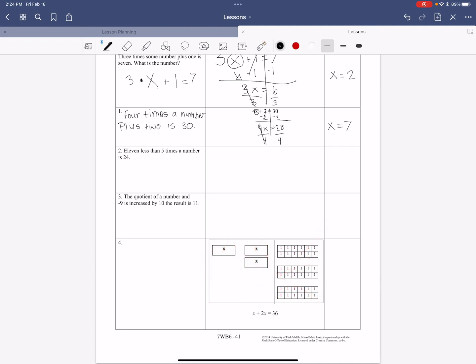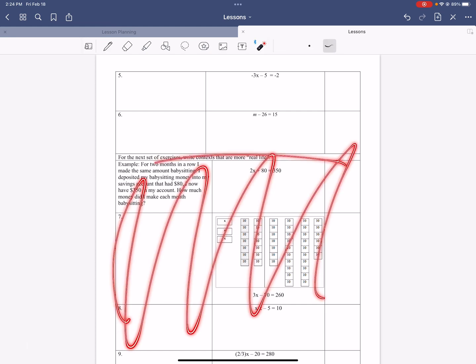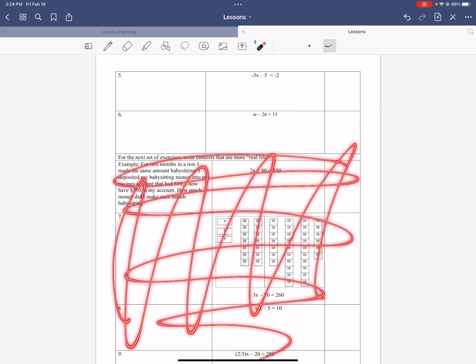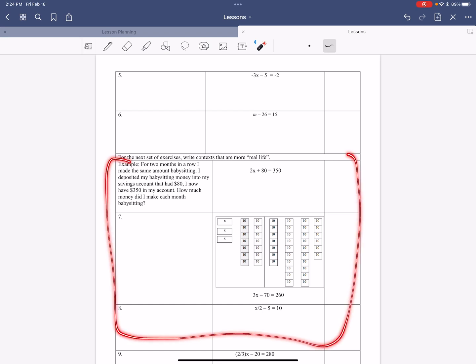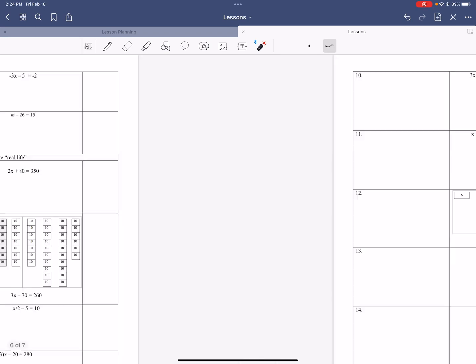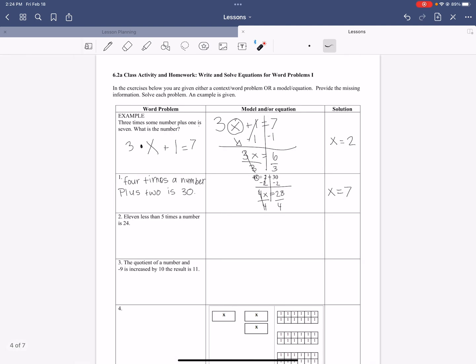So do 2, 3, 4, and then it goes on to 5 and 6, and we are not going to do those yet, unless you feel like, hey, I know how to do this. Then you can go on to the rest of them. It's 7 through 14 is the last one. Okay, so go ahead and work through those problems. If you need help or get stuck, let me know.